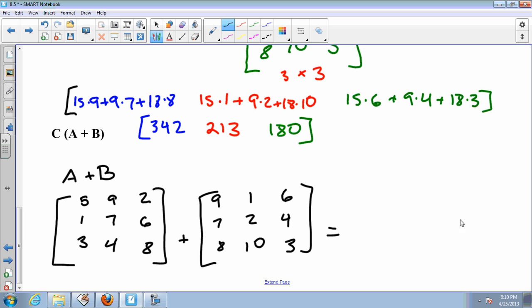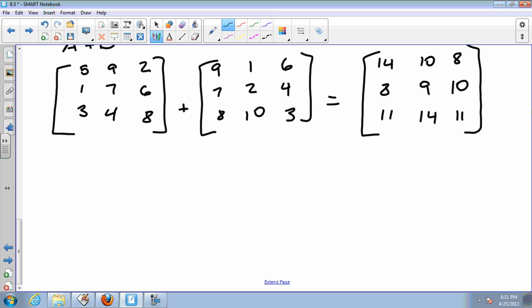And we are going to get out 14, 10, 8, 8, 9, 10, 11, 14, 11.